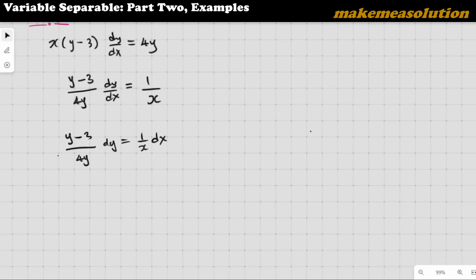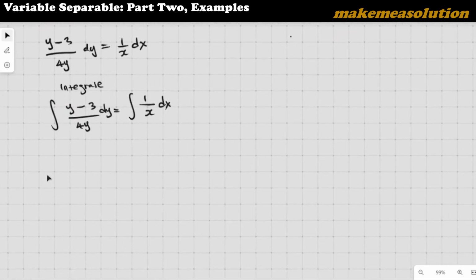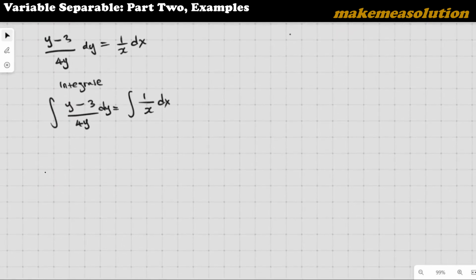So at this point, now that you've separated the variables, we can integrate. I believe the challenge with most ODE problems is the integration.